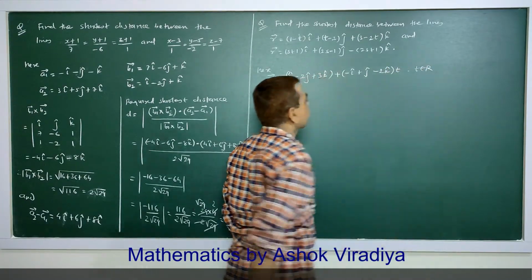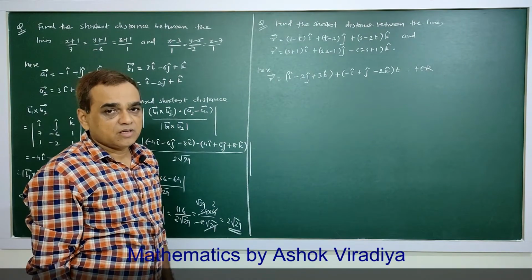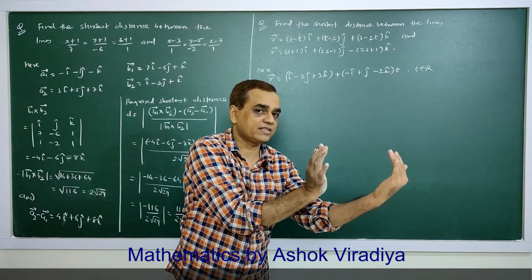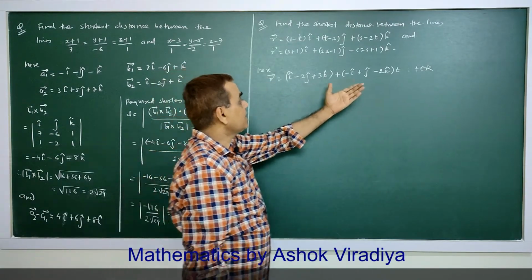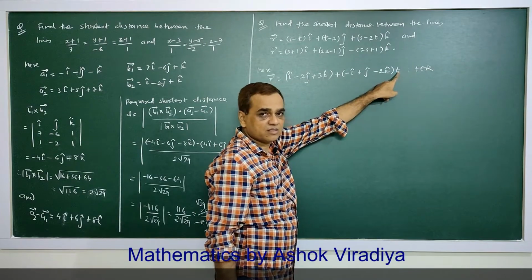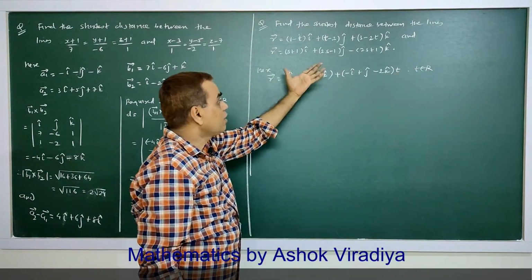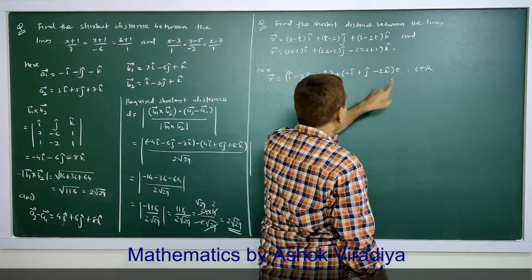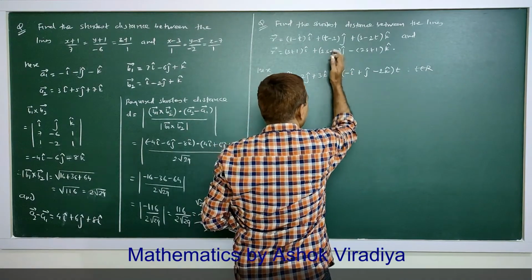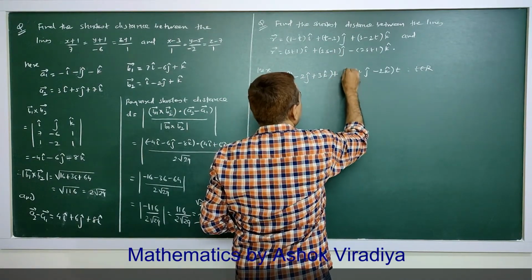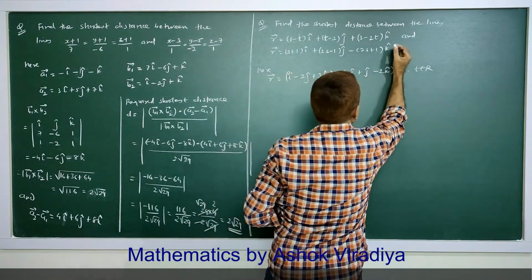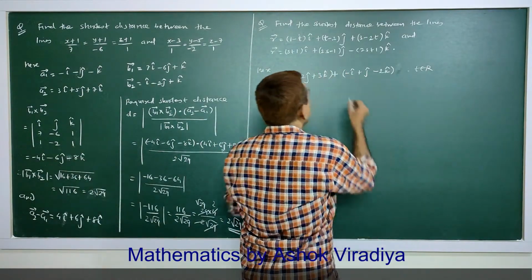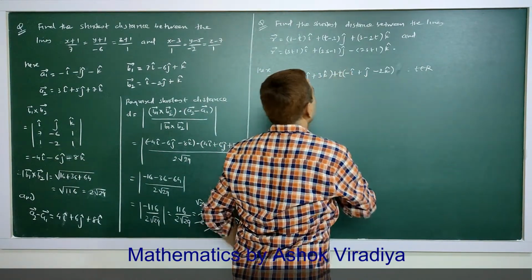T is the parameter. So terms which are with t, take t common from the second bracket. Here t is working like lambda, as for example vector A plus lambda times vector B. Instead of putting lambda, I am putting t. T into this vector, t is taken common.